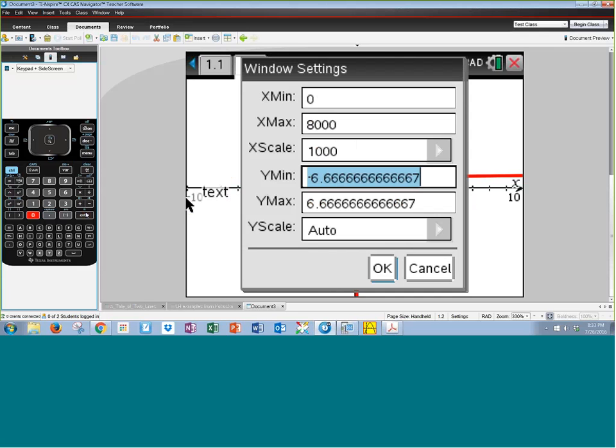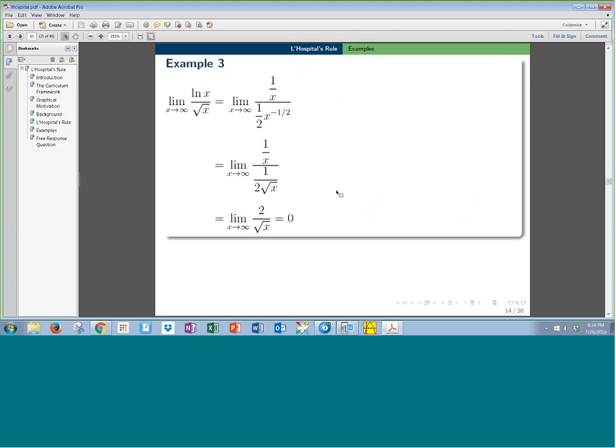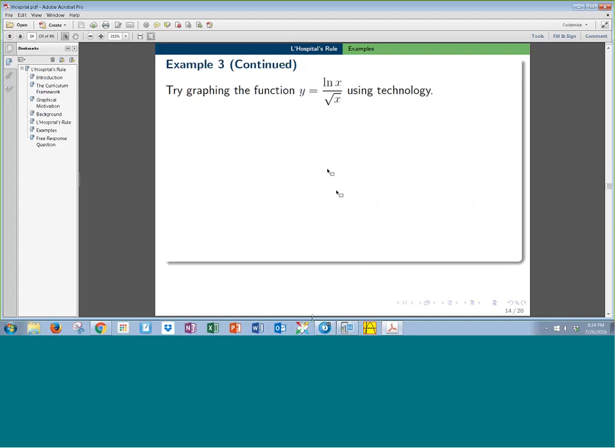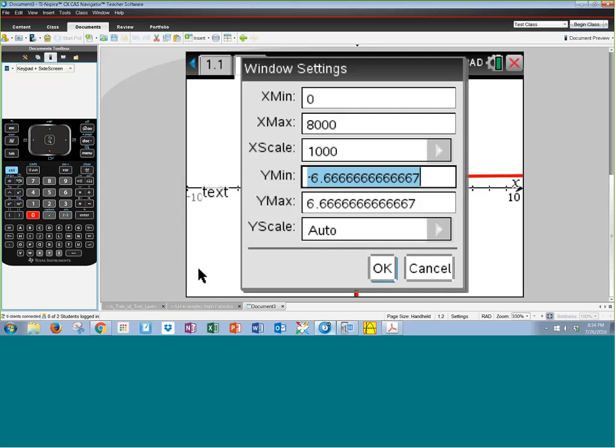Remember that when we did our L'Hopital's rule, we got a limit of 0, right? Yep. So we were trying to confirm that. So we might want to zero in on 0 a little bit more here. So let's do something like negative 1 to 1, something like that. And the scale won't matter there.